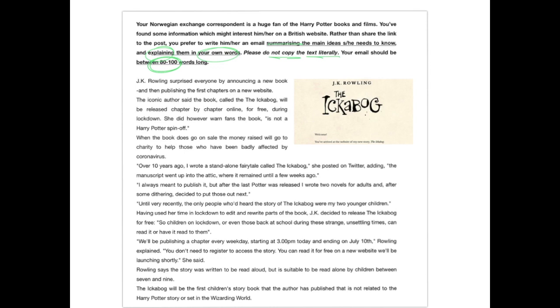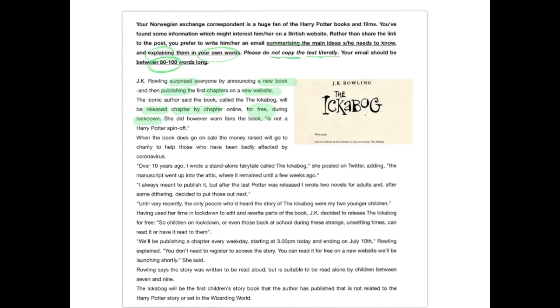I would say that, for example, here, J.K. Rowling surprised, so it was a surprise, new book, published chapters website, released chapter by chapter online, but this is important, for free during lockdown, the time that we've had to stay at home because of coronavirus.